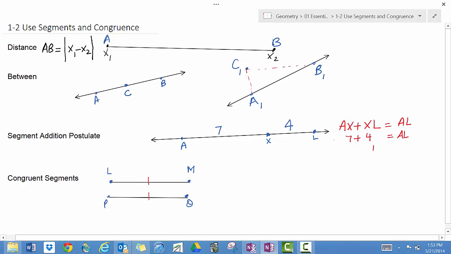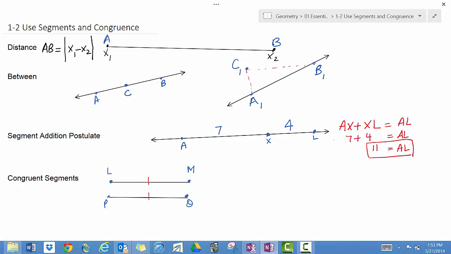So AL is equal to 11. This is the segment addition postulate. In order to be able to use the segment addition postulate, the 2 segments must be collinear and they must share an endpoint.